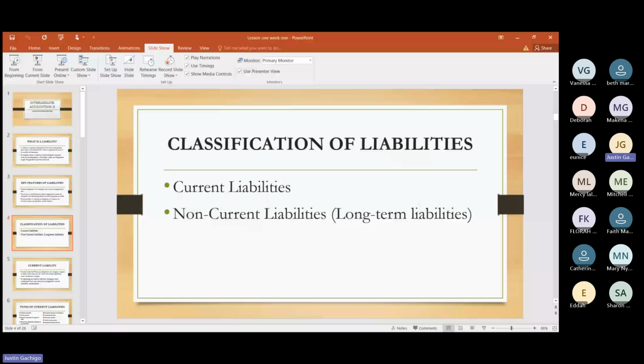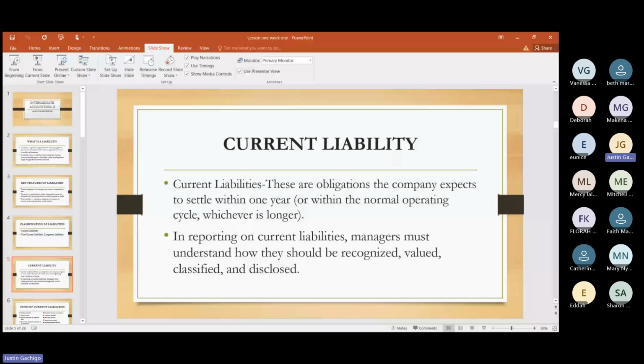Current liabilities are basically the obligations that the company expects to settle within 1 year, that is 12 months. Anything that you can settle within a period of 12 months is classified as a current liability. Anything that you settle within a period longer than 1 year is a long-term liability.